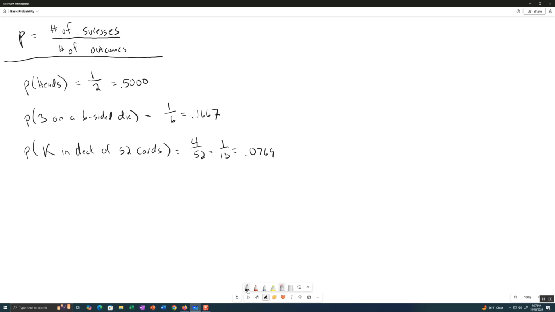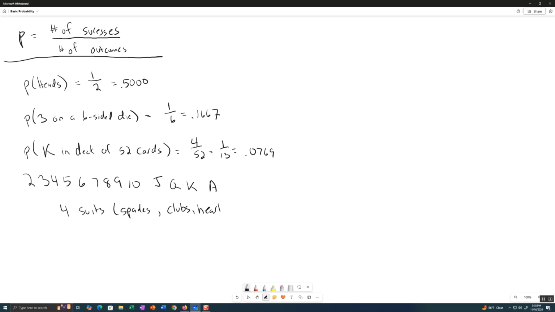Okay, so the deck of cards is 2, 3, 4, 5, 6, 7, 8, 9, 10, Jack, Queen, King, Ace. So there are 13 cards for each suit, and there's 4 suits. And those are spades, which is black, clubs, which is black, right?